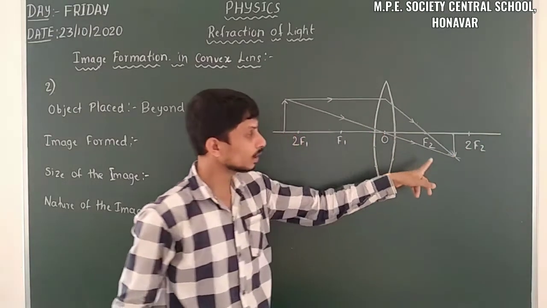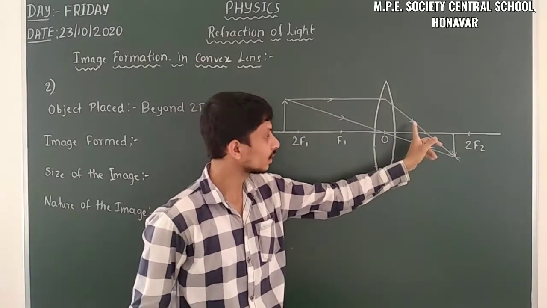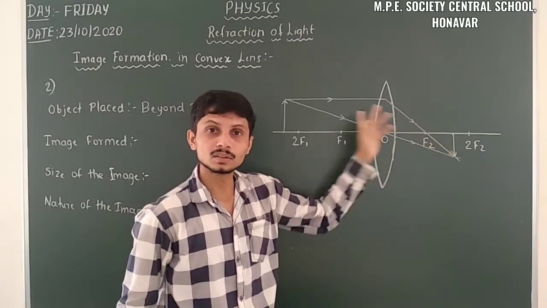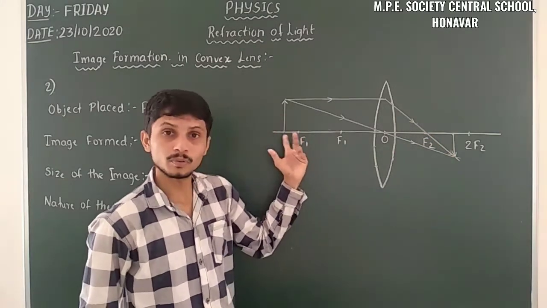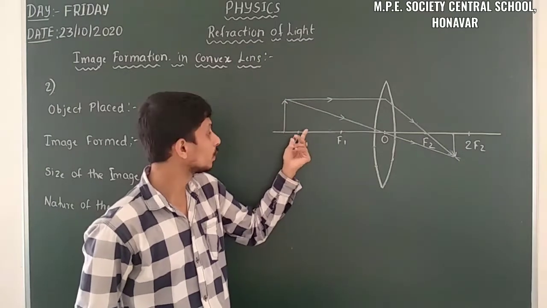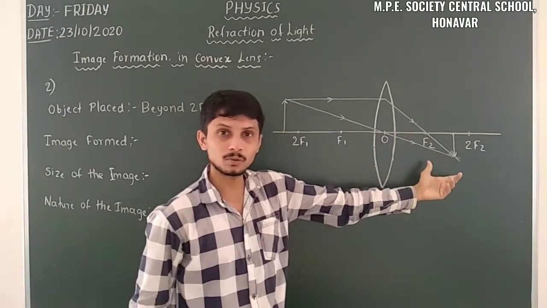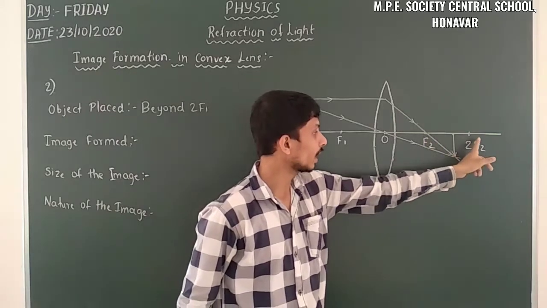Here those two rays coincide. So that's why, when the object is beyond 2F1, we have image formation between F2 and 2F2.